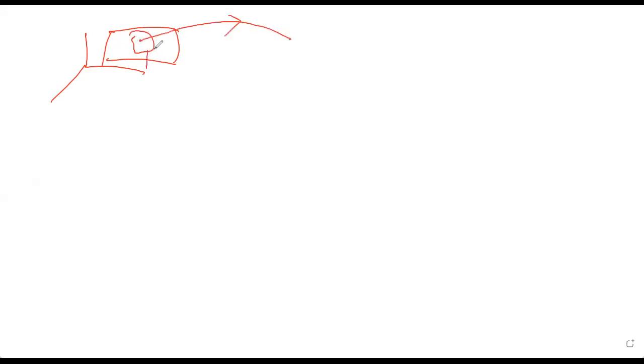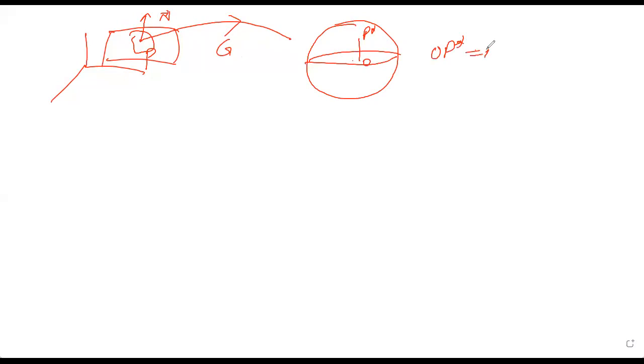This is a point P having some normal N, and the map is such that it is projecting this point P on a unit sphere, such that if this is a unit sphere, this is point P, this is point P star, and this OP star is equal to N, this normal. This is called your Gaussian map.